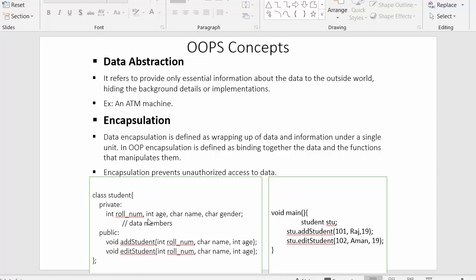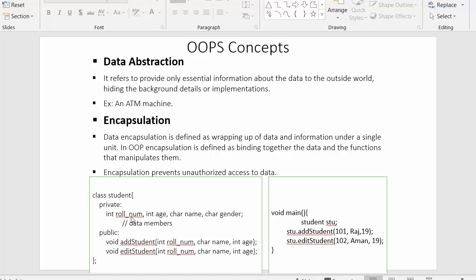I have wrapped both of them up under a single unit, and that is encapsulation. Whatever data I am going to operate on and the functions I am going to operate with, I have kept inside a unit, and that is the class.